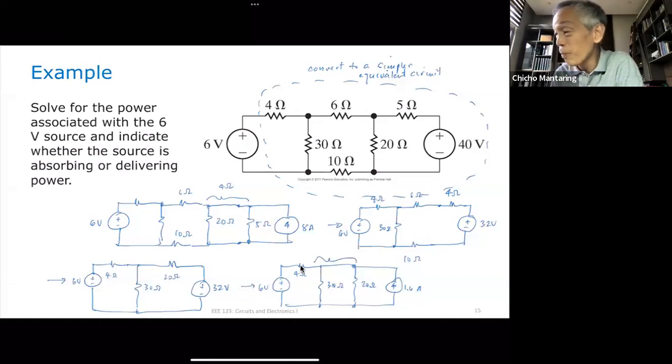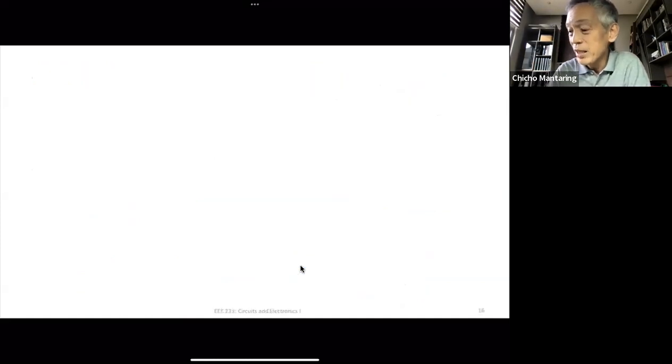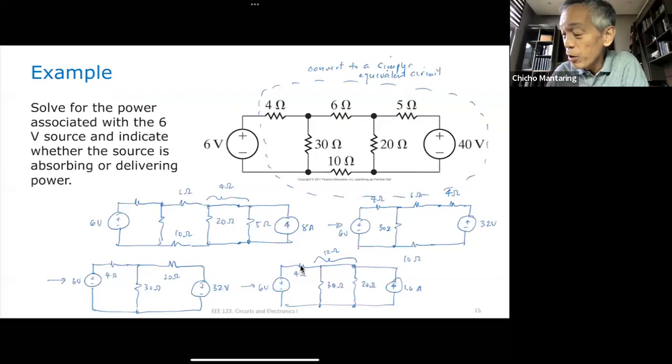So siguro obvious na yung next step. So next step is I can combine these two. And this is going to be 12 ohms. So eventually, finally, what will I have? I'll have my 6 volts, I have my 4 ohms. Itong 12 ohms, i-convert ko uli.